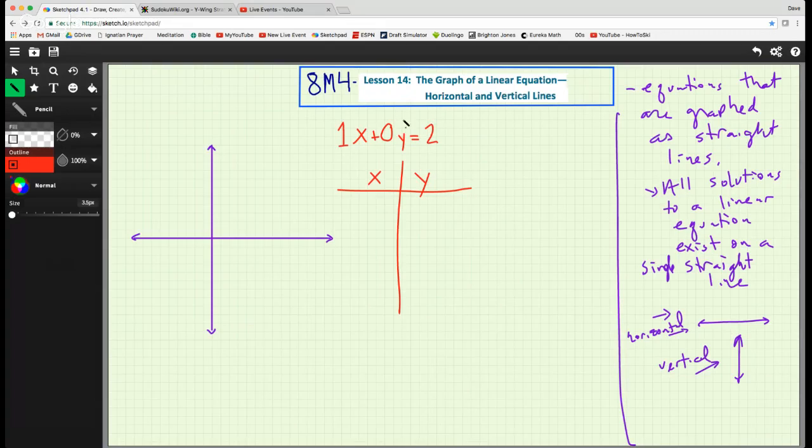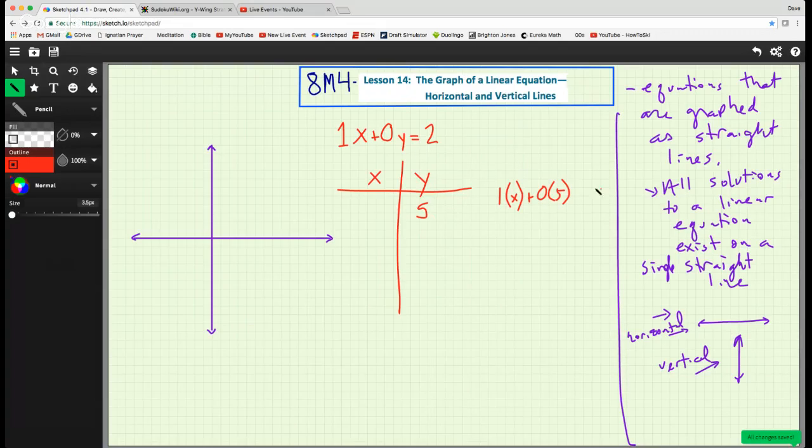Well, let's put a number in for y. Let's choose some numbers for y. What if y equals 5? Well, how do we solve for x? We say 1 times x plus 0 times 5, that's our y, right?